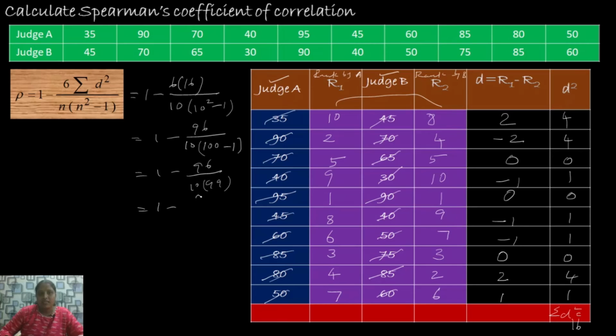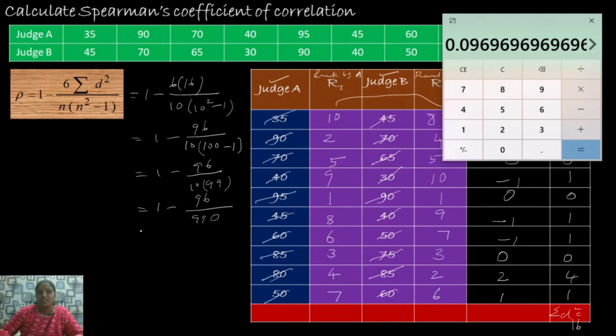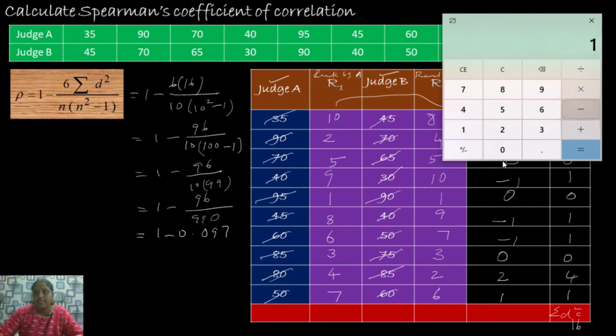Again we have 1 minus 96 over 990, and simplifying this we get 0.097. We have to take up to 3 decimal places. So 1 minus 0.097, you get the value as 0.903. So rho is equal to 0.903.